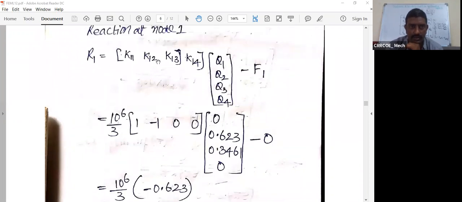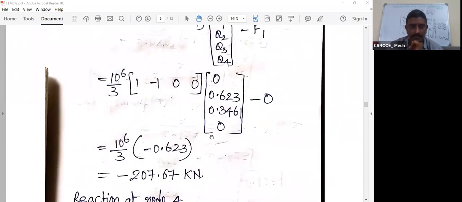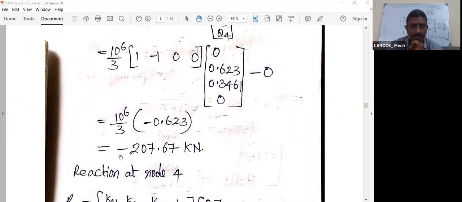The first row elements are 10 power 6 by 3 times 1, minus 1, 0, 0, with nodal displacements 0, Q2, Q3, 0, minus F1 value 0. Therefore the reaction force at node 1 is minus 207.67 kilonewtons.